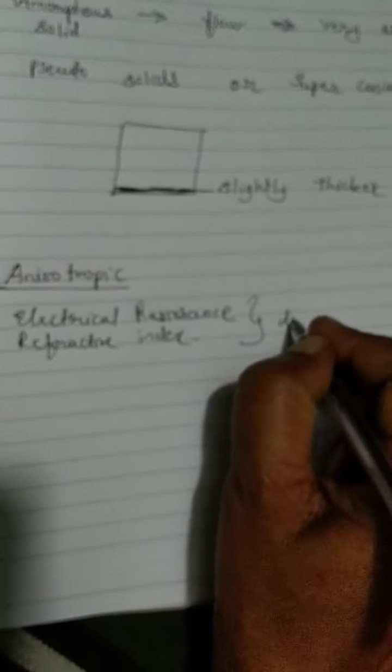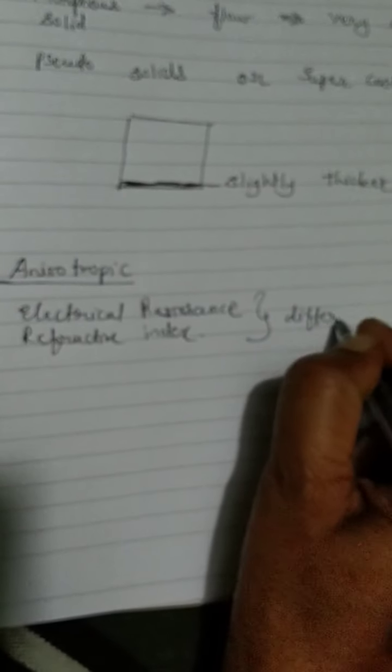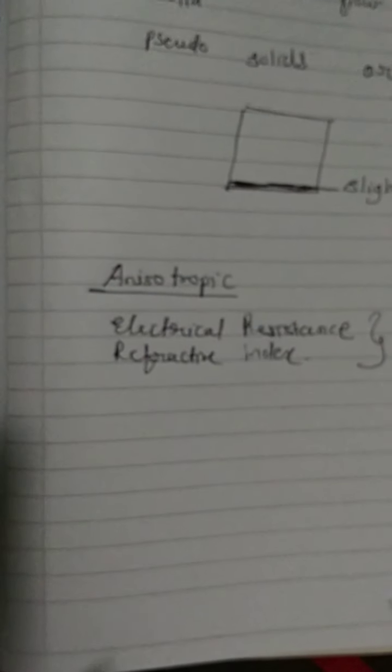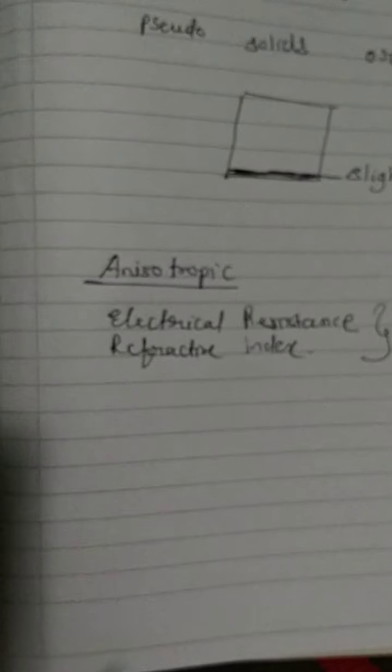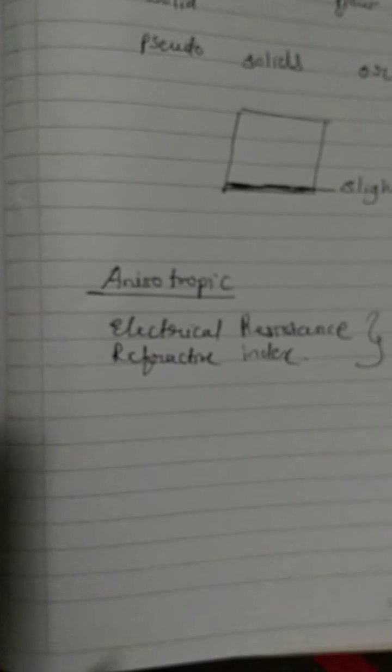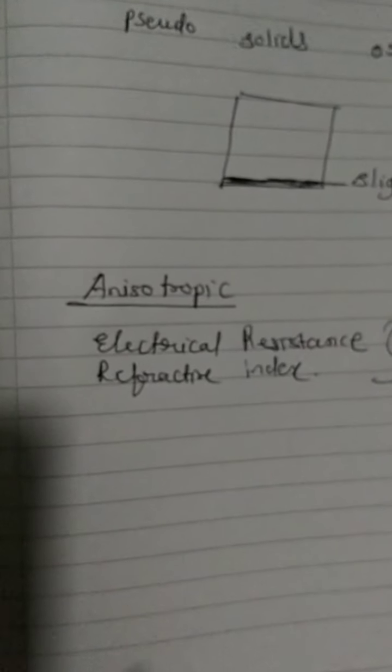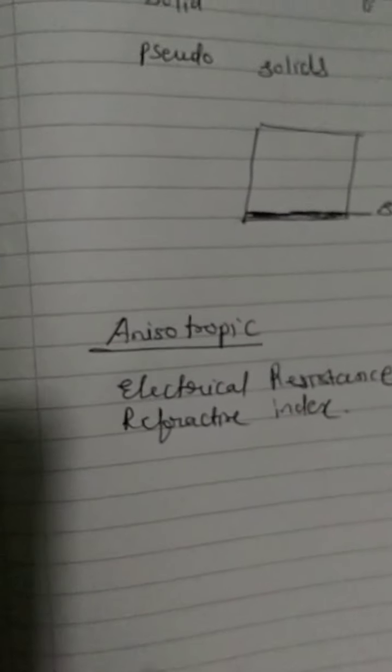Now what is the reason behind this? Why do they show different values? You know that they show different values when measured along different directions in the same crystal. This arises from different arrangement of particles in different directions.